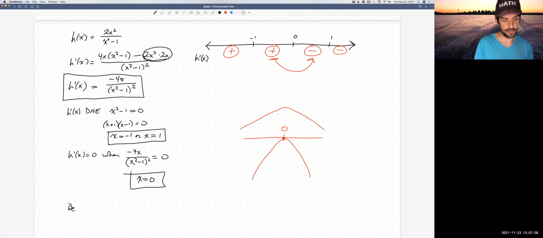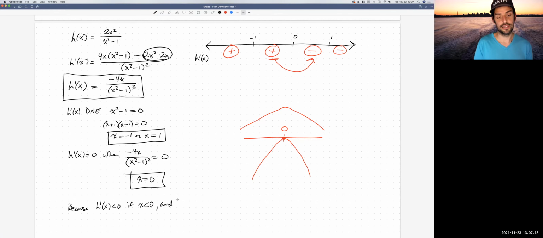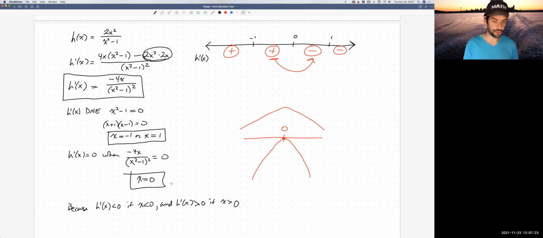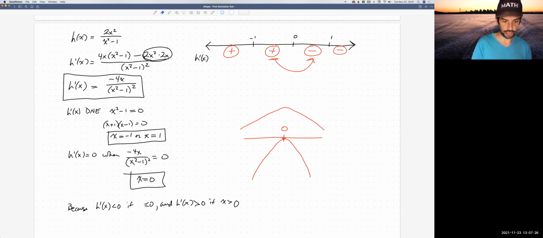So let's say it this way, h prime of x is greater than 0 if x is less than 0, and h prime of x is less than 0 if x is greater than 0. Let me be a little more careful because it's not that way forever.